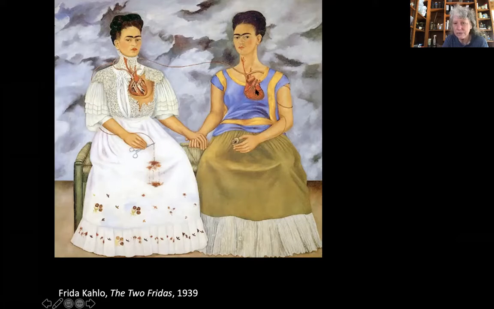But this Frida is not bleeding, but her heart is just floating outside of her body, almost sort of disembodied. So, this is another painting that we could talk about on Friday, if maybe you could come up with some possible interpretations of it and float those in your question and people could discuss. And what's going on back here? What's the cloudy sky about? Maybe that's kind of obvious.